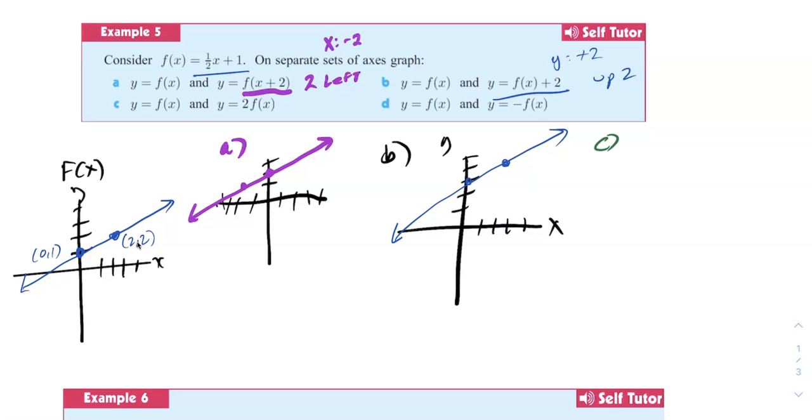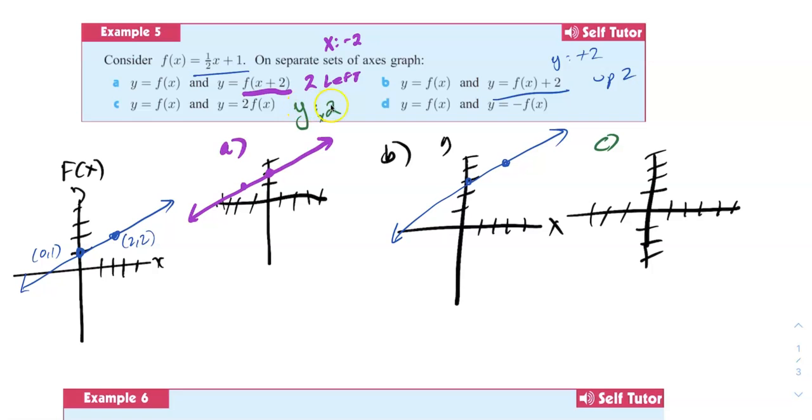C. Okay. So C is probably the most complicated. y equals 2 f of x. So remember what happened there? That's on the outside, so it's a vertical stretch by a factor of 2. On your y, just multiply them by 2. So multiply all our y values by 2.